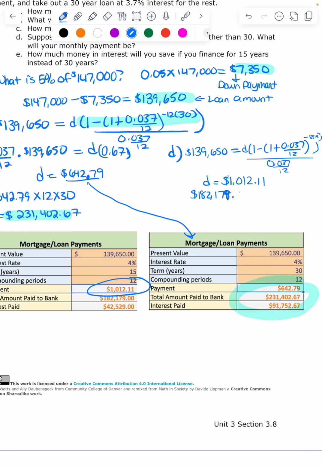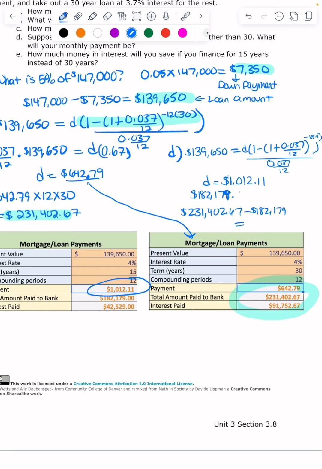So if we subtract that from the total amount that you would pay for the other one, 231,402.67 minus 182,179.